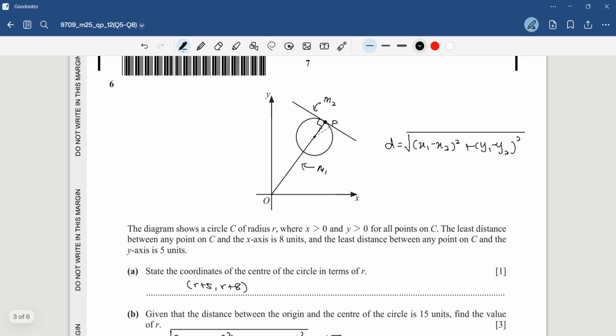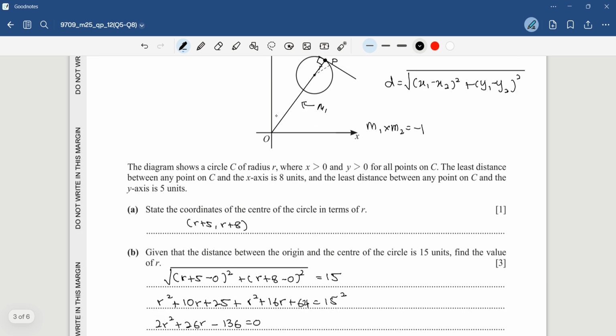Since it's 90 degrees, we can set m1 times m2 equal to negative 1. So we try to find the gradient of this line, m1.